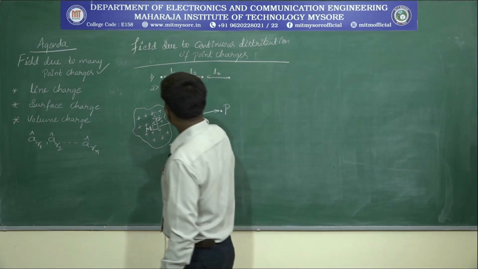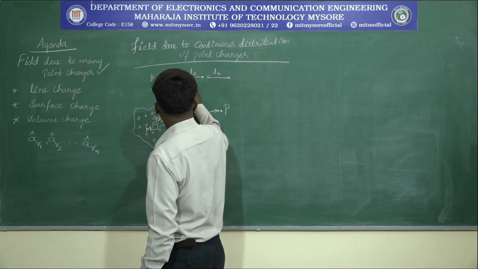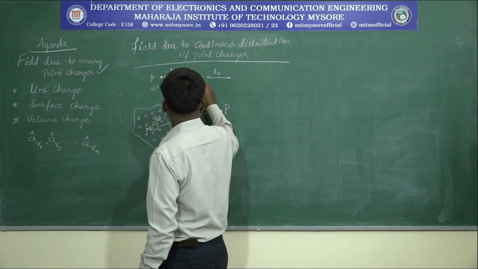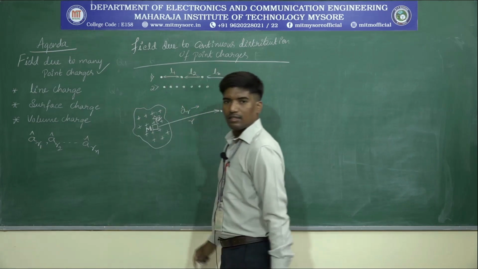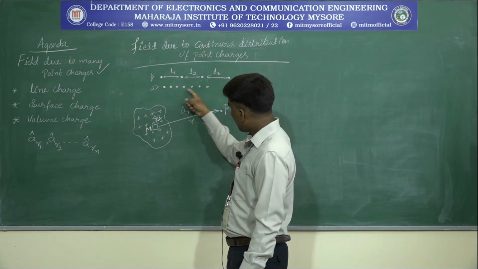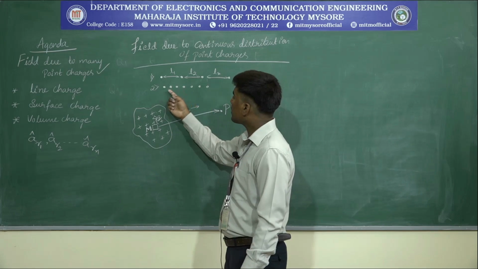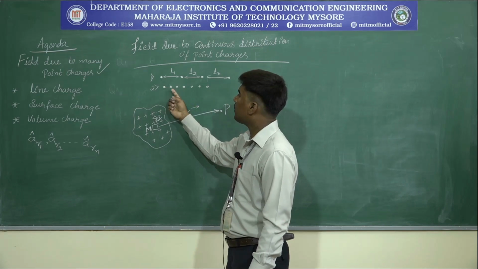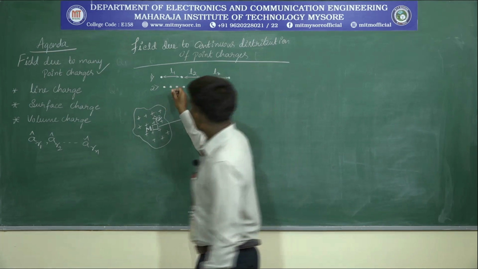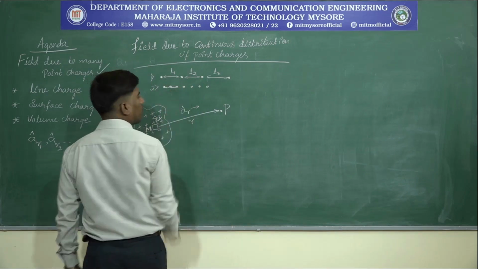Coming to this second arrangement, what do you call this? These are point charges arranged in linear fashion with equidistant space. We can easily identify the distance between two point charges, right? So here also we can identify the distance between two point charges.